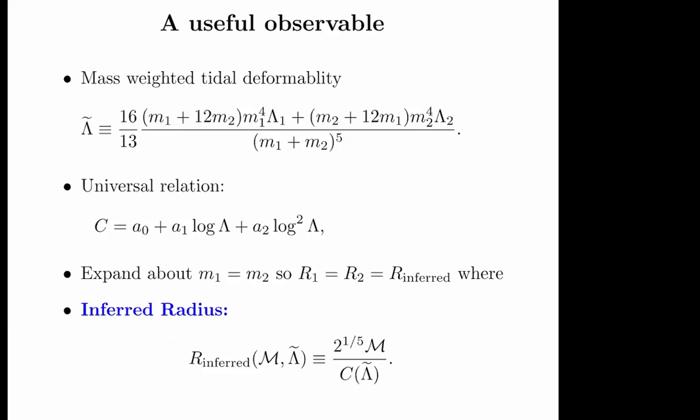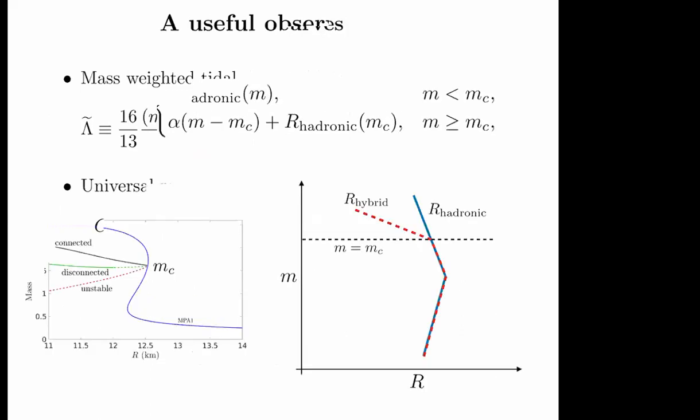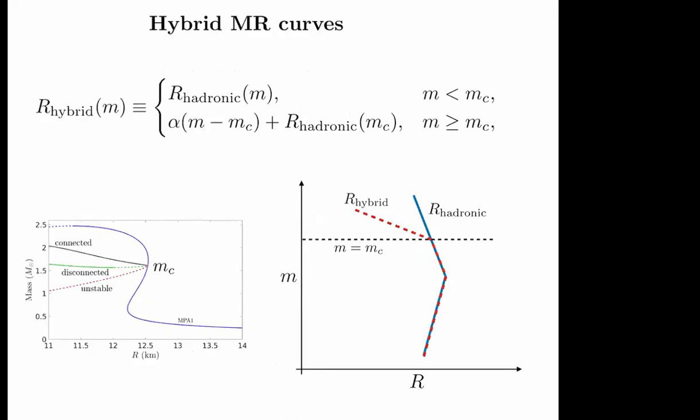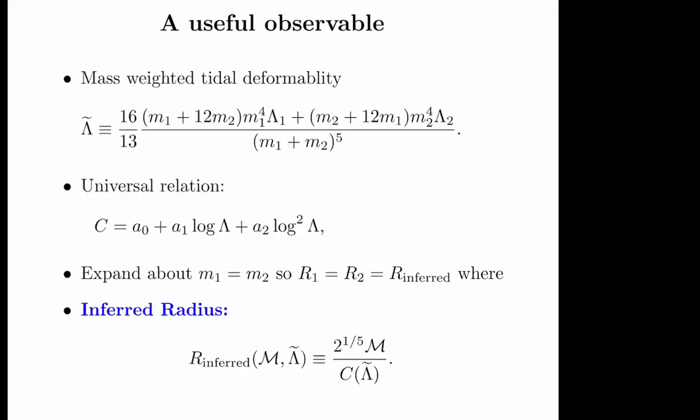Now, on the other hand, if there is a kink in the MR curves, for example this scenario right here in the lower left-hand corner, the radius of neutron stars is not constant, and this inferred radius here is not a good approximation to the actual radius of neutron stars.